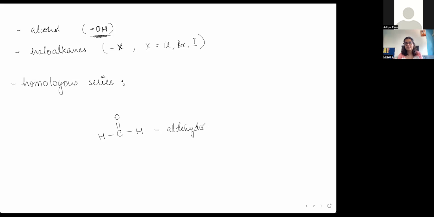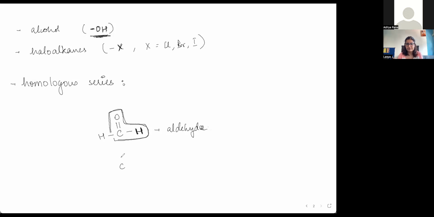But oxygen is also there. But hydrogen is also there, no? So the aldehyde's defining feature is that C double bond O is there, and there's a hydrogen attached to the C double bond O. So in a ketone there will be no hydrogen.